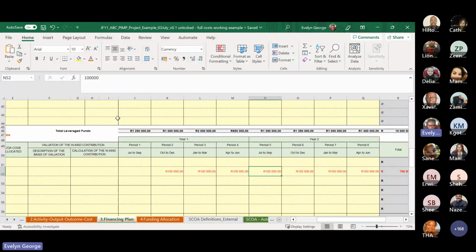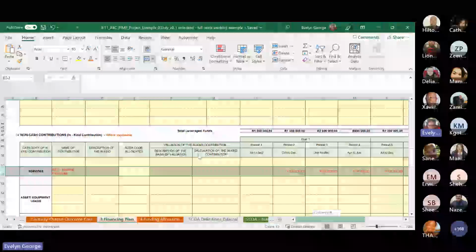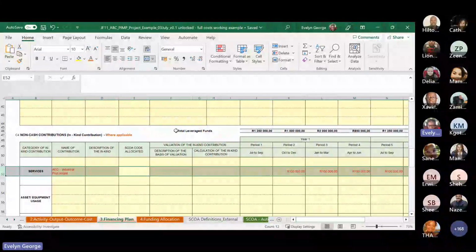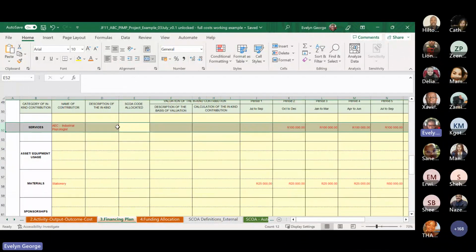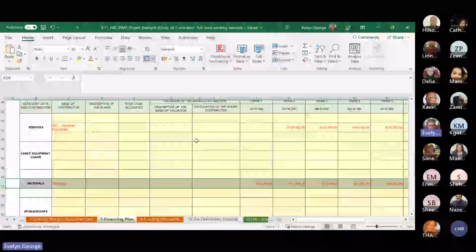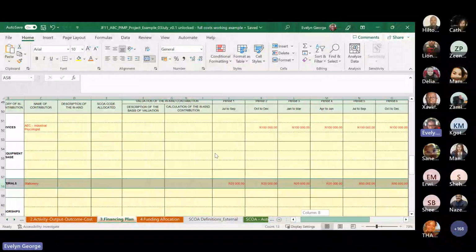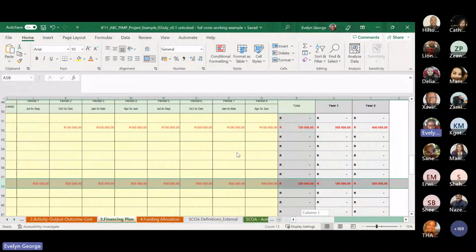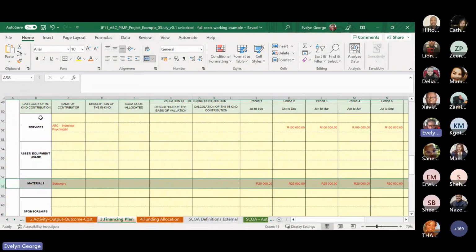On the cost side, we will expense it exactly as it comes in, so the effect will be null. But it gives us information about who's contributing what and what the all-in costs of the project are. And similarly, stationery, again coming into the project to the value of 300,000.